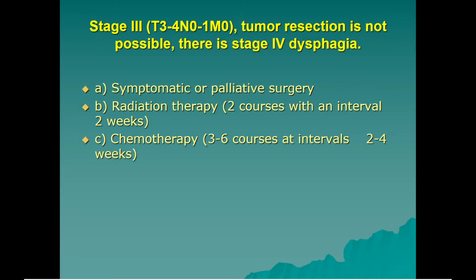Stage 3, tumor resection is not possible, there is stage 4 dysphagia: symptomatic or palliative surgery, radiation therapy, 2 courses with an interval of 2 weeks, chemotherapy, 3 to 6 courses at intervals of 2 to 4 weeks.